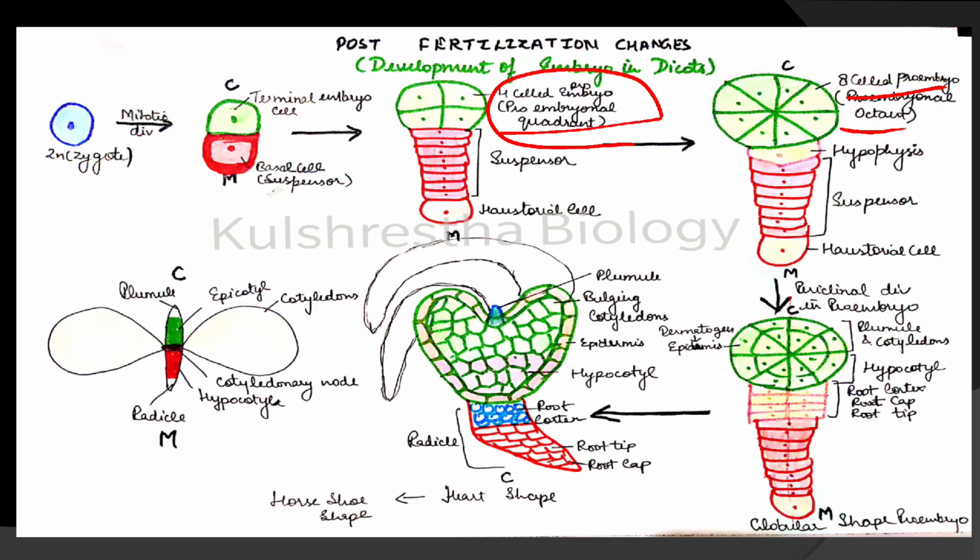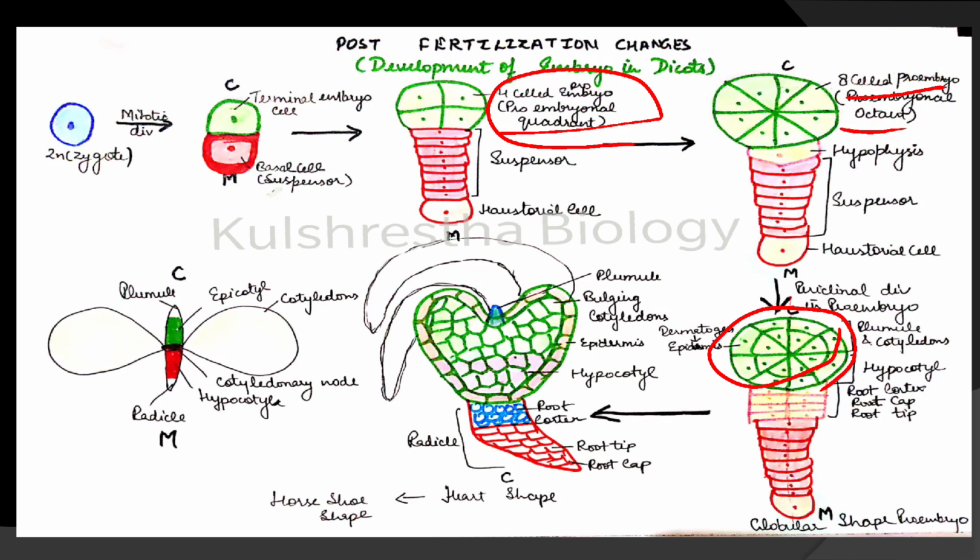Now after the formation of octant, there is a periclinal division which divides the cells into 2 rows. Larger cells are present on the inner side and thinner cells are at the periphery.